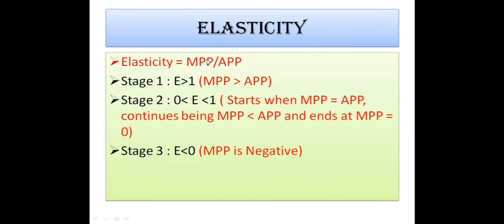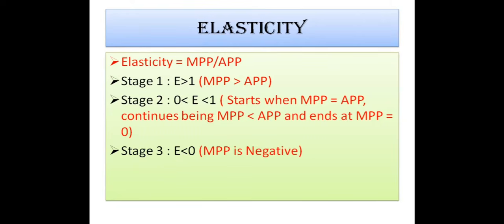The numerator will be 0, which means the value will be 0. So that means less than 1, greater than 0. So it will be 0 to 1 in stage 2. Coming to stage 3. Here we have discussed MPP is negative, numerator is negative, which means the whole value will be negative. So elasticity is less than 0.